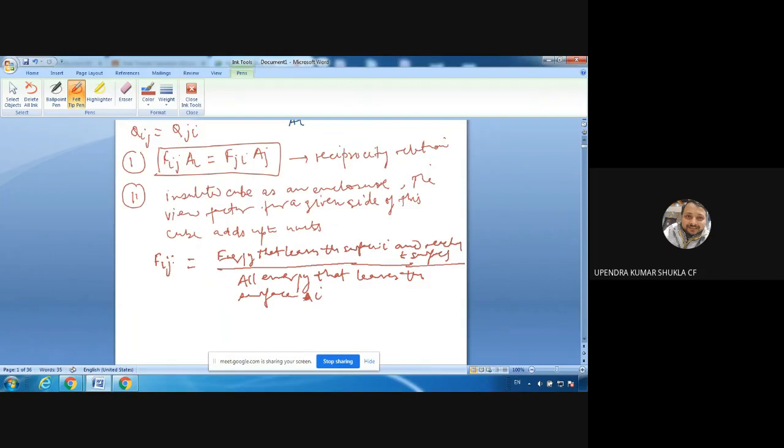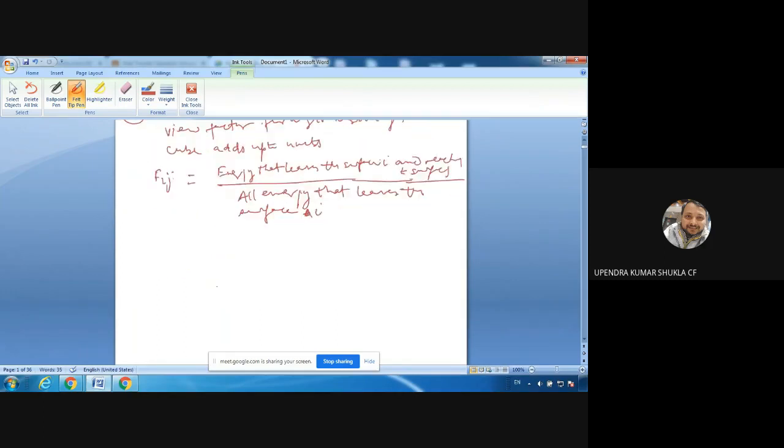So this is the fraction of energy that is reaching surface j. A fraction always ranges from 0 to 1, so Fij has a value from 0 to 1.